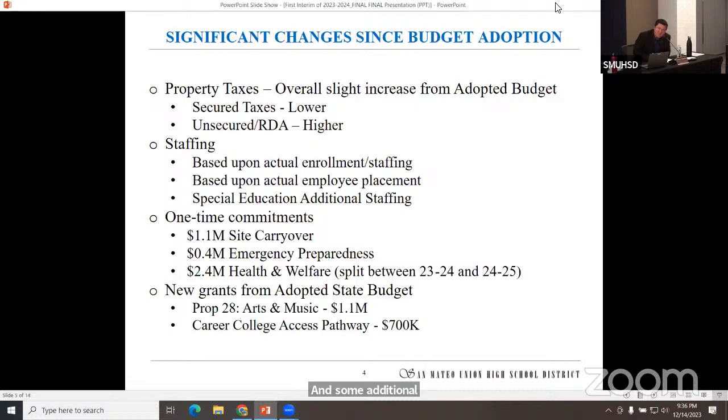In terms of commitments, there's some one-time commitments included in this budget. Those include $1.1 million of site carryovers, which were detailed in the unaudited actuals report in September.